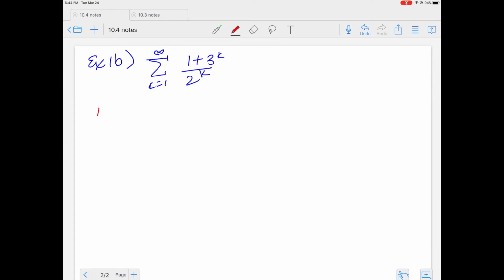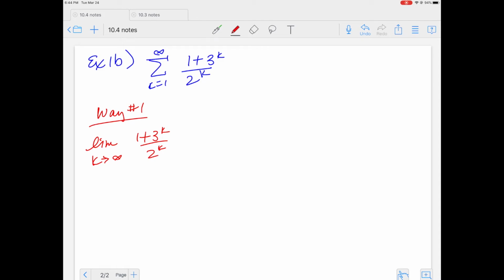So here is way number 1. If I'm using the divergence test, I take my limit as k approaches infinity of 1 plus 3 to the k over 2 to the k. Now, these are exponentials, and this is a bigger exponential on top. So if my bigger exponential is on top, what's this whole thing going to go toward?